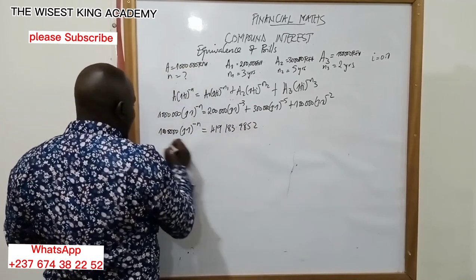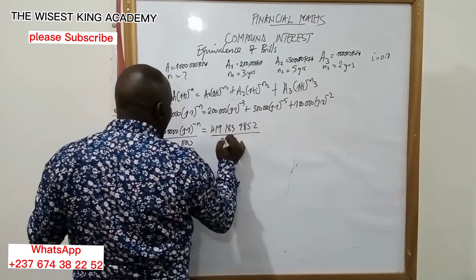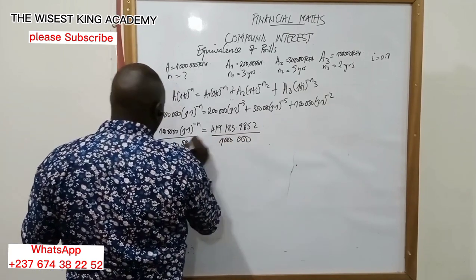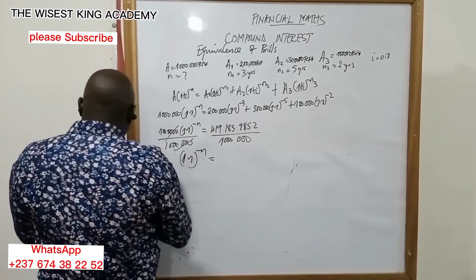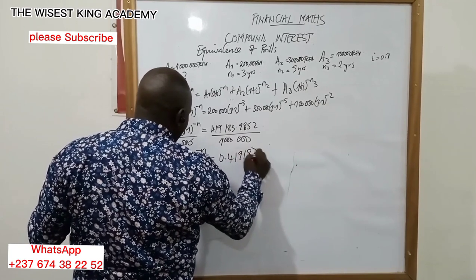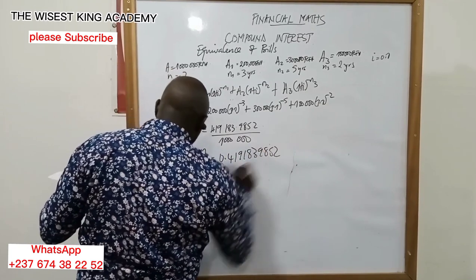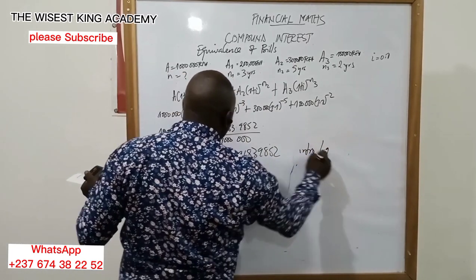So I divide both sides by 1 million. So I have 1.1 raised to the power negative n equal to 0.41918399852.